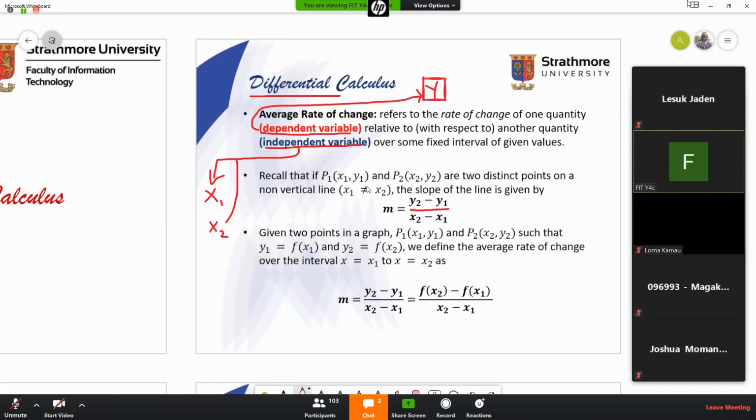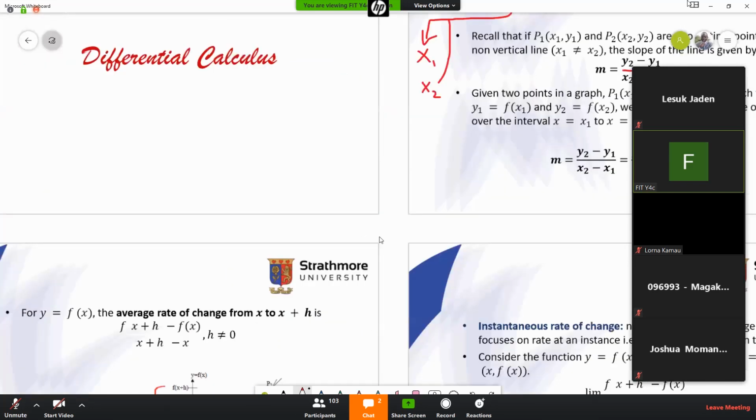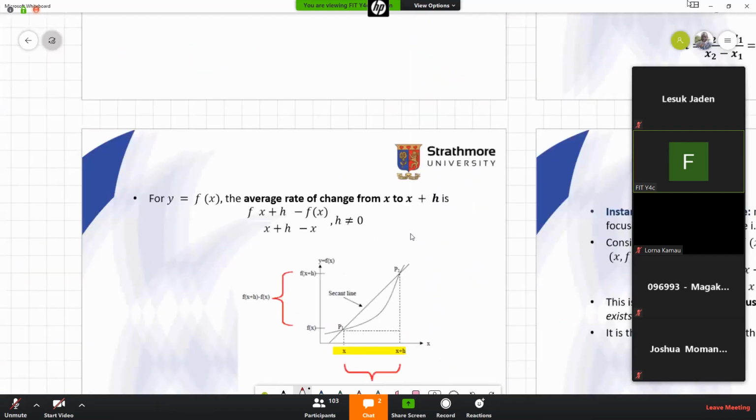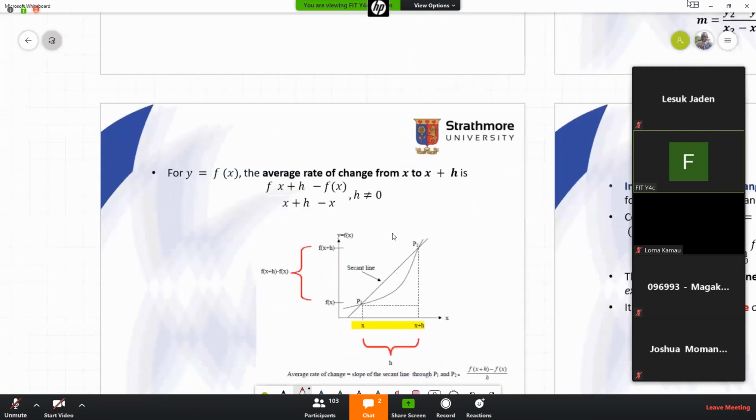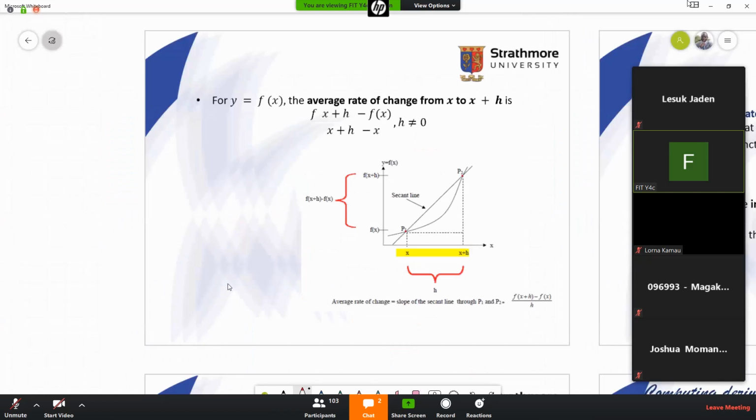Anyway, very fast, you can revise these ones, how to get the difference between two points on a curve. There is a graph here that can help you through. If I have 2 points, P1 and P2, I can actually get the distance along that line. Remember, this was the gradient, by the way.